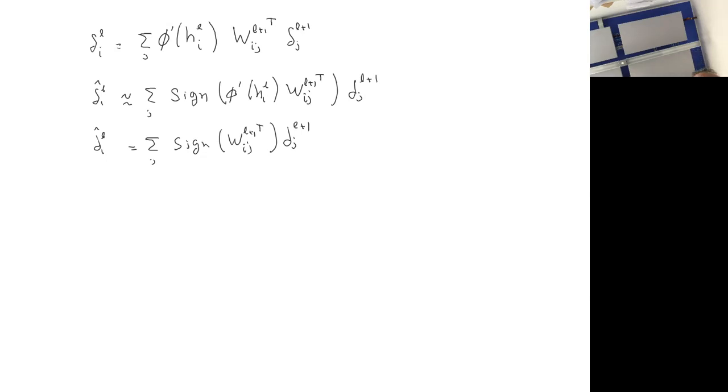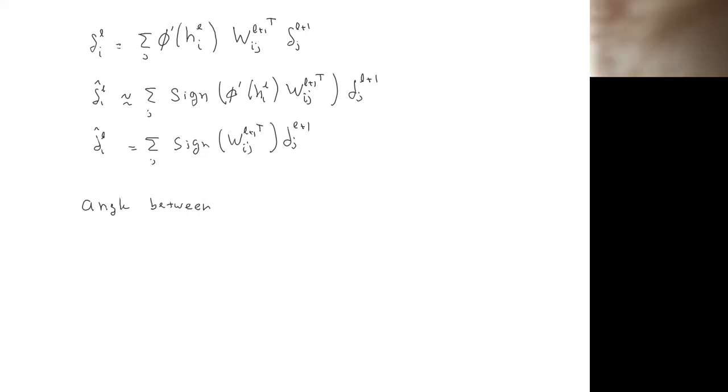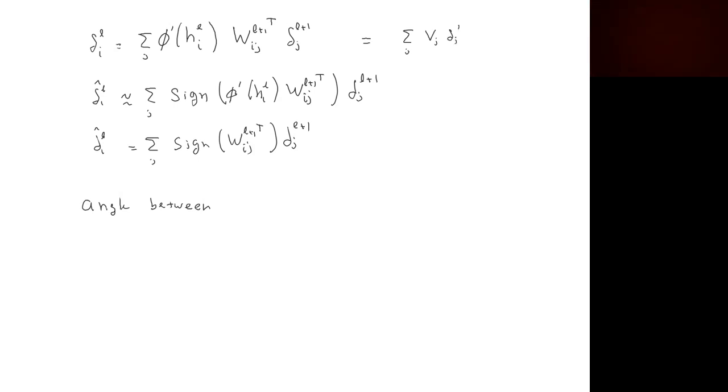Okay, so what we want is the angle between the sum on J, okay, so think of this as the sum on J of some vector Vj delta J L plus 1.